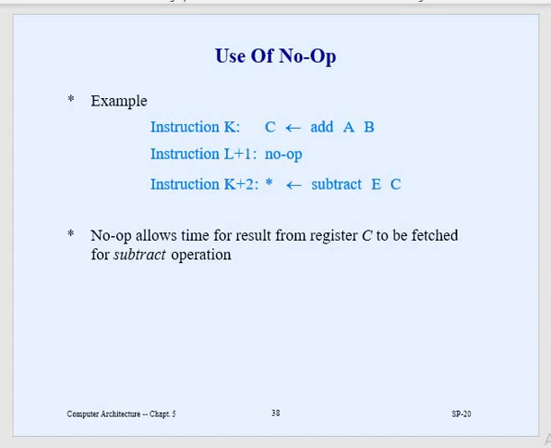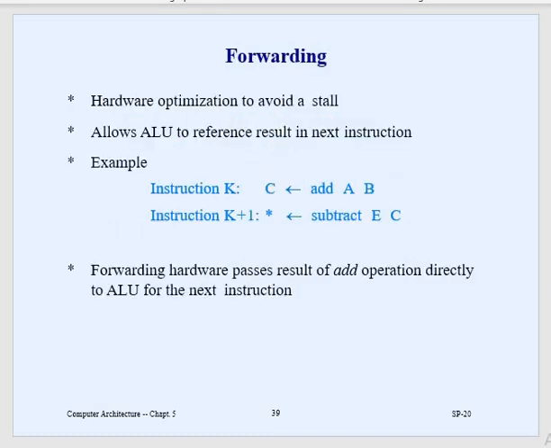It introduces a no op instruction at instruction K plus 1, and then K plus 2 is computed after one clock cycle. In this way, no op allows time for results from register C to be fetched for the subtract operation. So it gives the time so that there is no stall, and the system is not overwhelmed with the bombardment of instructions.